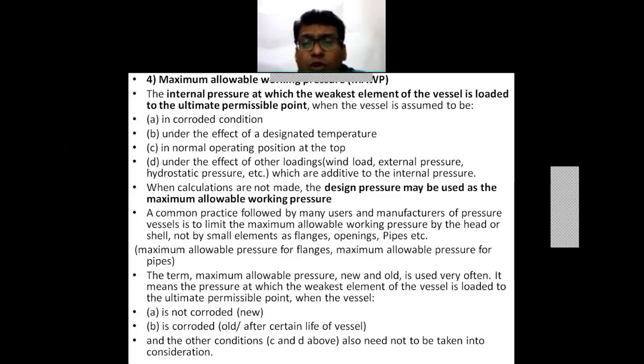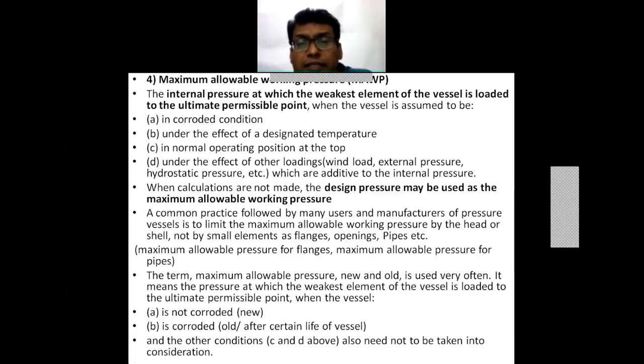When the calculations are not made, the design pressure may be used as the maximum allowable working pressure. Again, that depends on the factor of safety. We will see the term design pressure also.